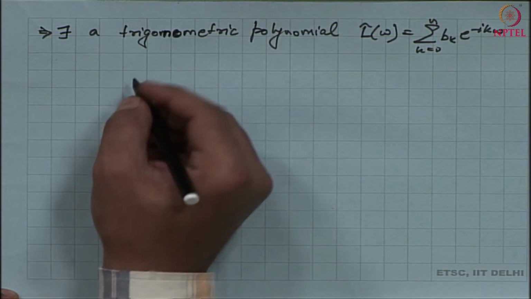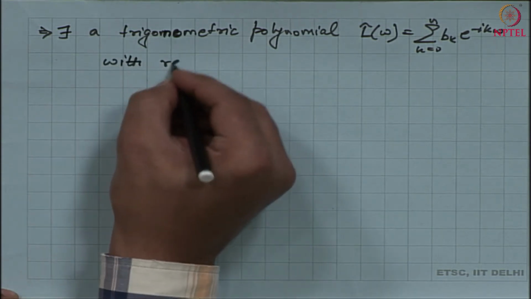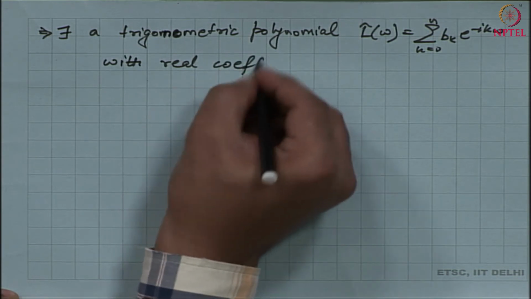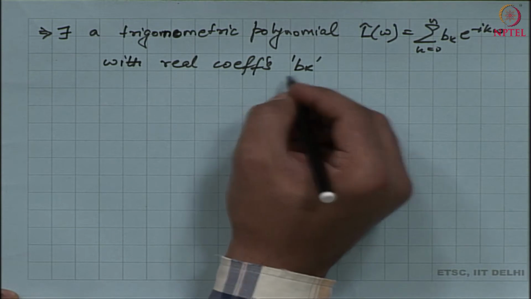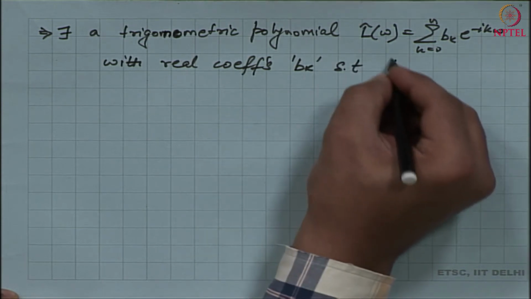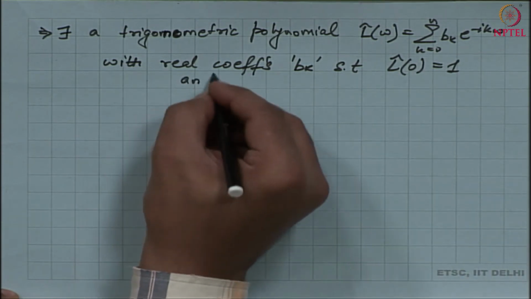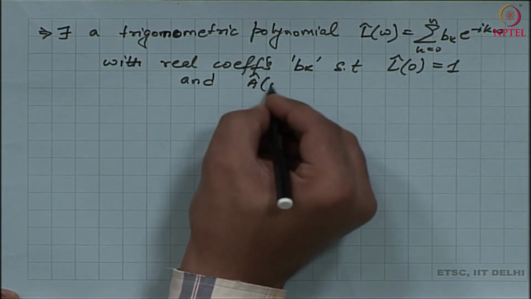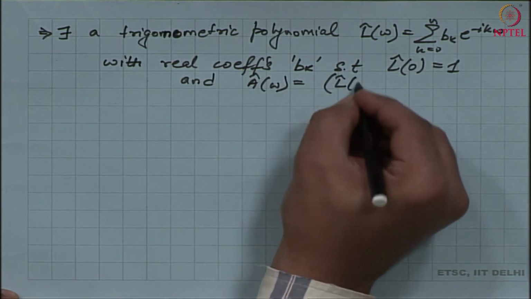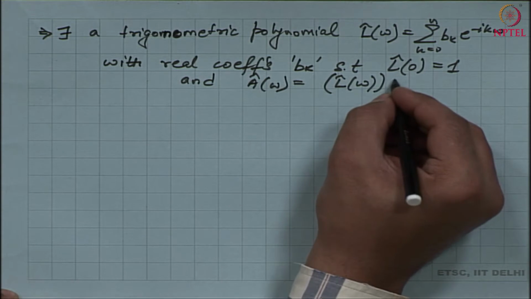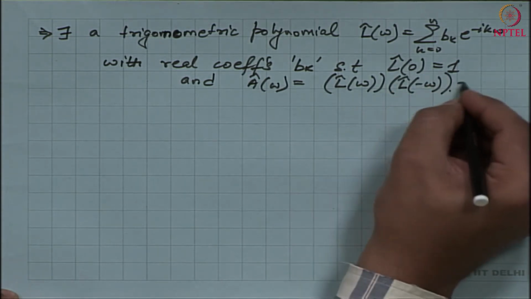So I see that with real coefficients b_k's such that L hat of 0 is 1, and most important is that L hat of omega is the factorization of A of omega. Okay. So L hat of omega is a factorization of A hat omega.